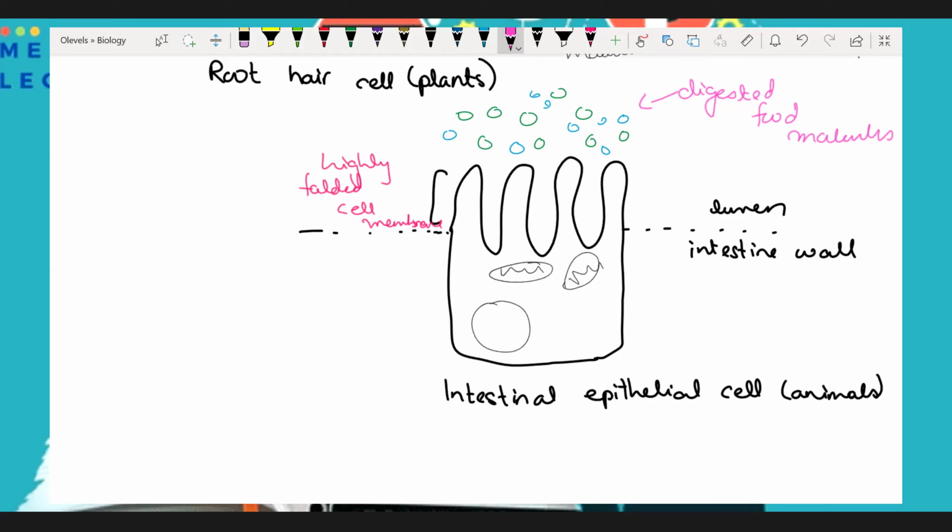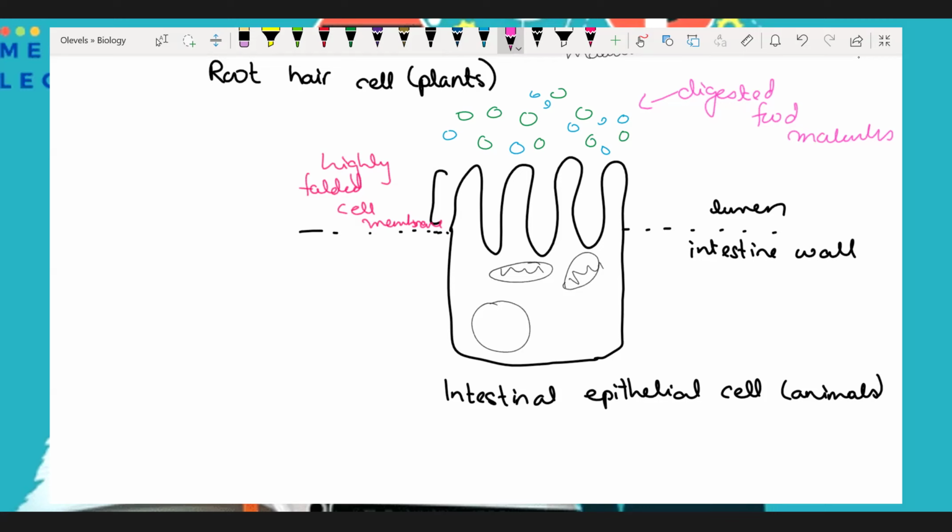Large surface area, due to which the diffusion of food particles happens quicker.